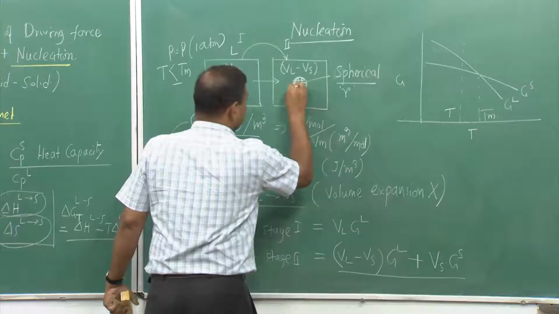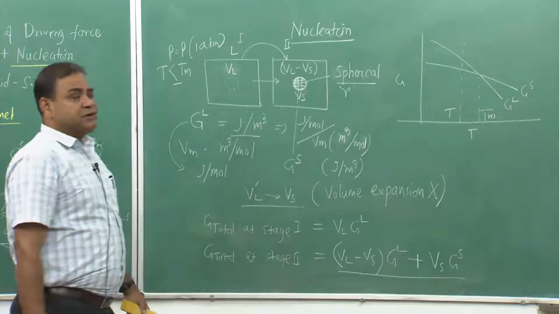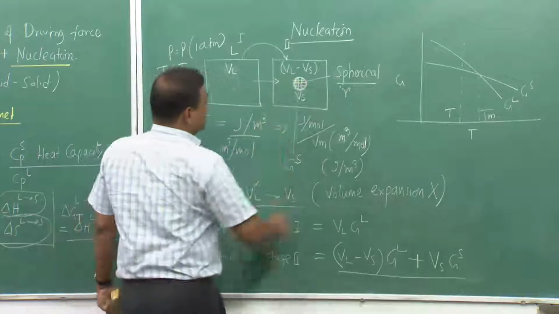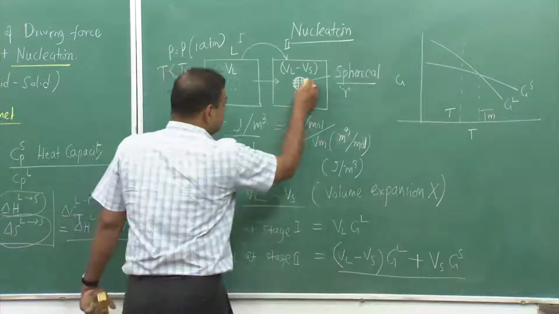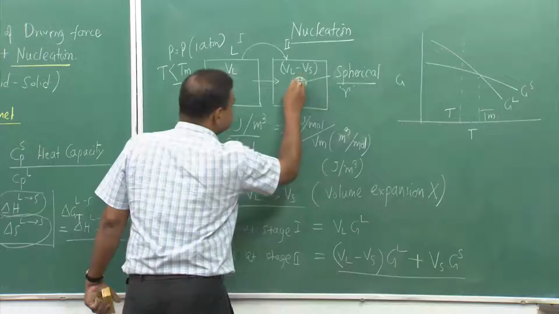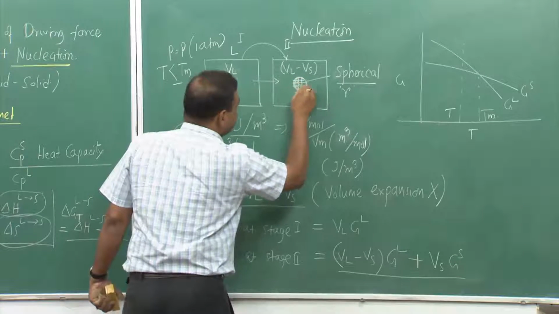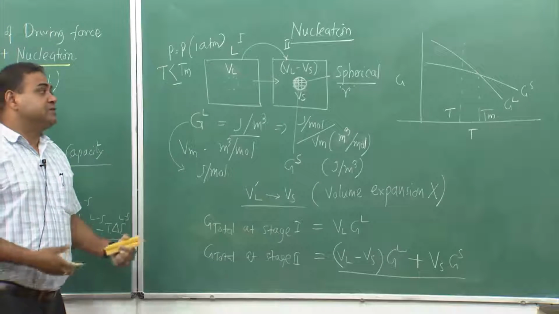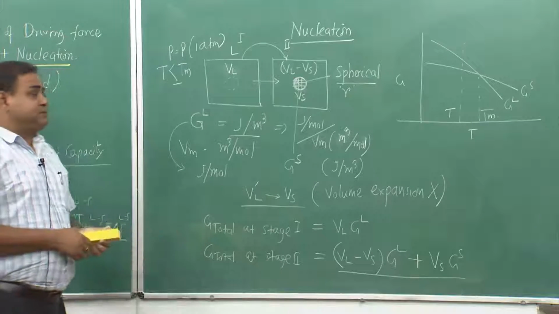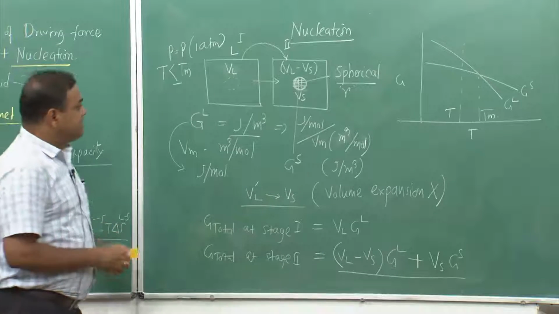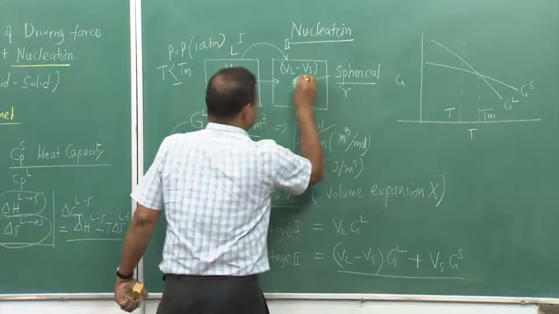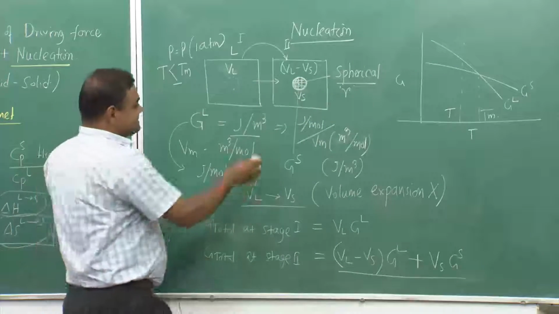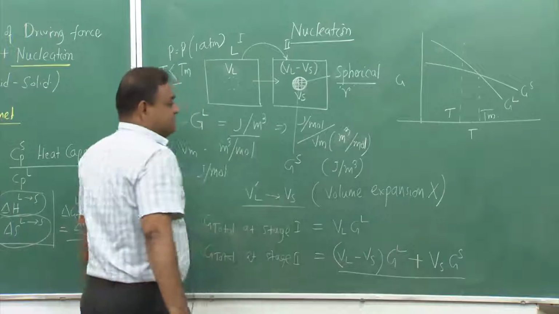That means they have a regular arrangement of atoms, and whenever there is a regular arrangement of atoms, there is an interface which separates the regular arrangement zone from a random arrangement zone, since in liquid atoms are randomly distributed. At that time I do create an interface. Fine.